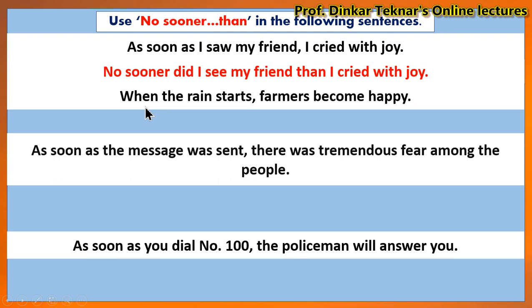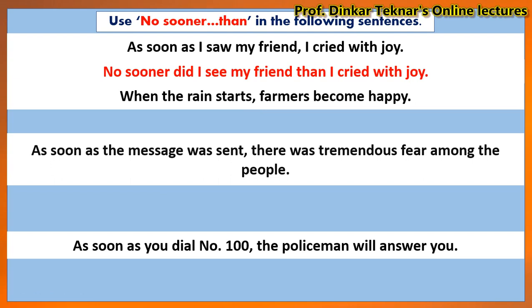Now this sentence. When the rain starts, farmers become happy. Here the main verb is in present tense with s as a suffix. So we have to use does in the sentence of no sooner.